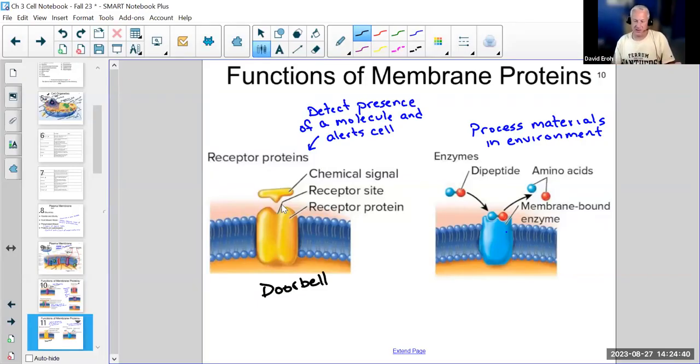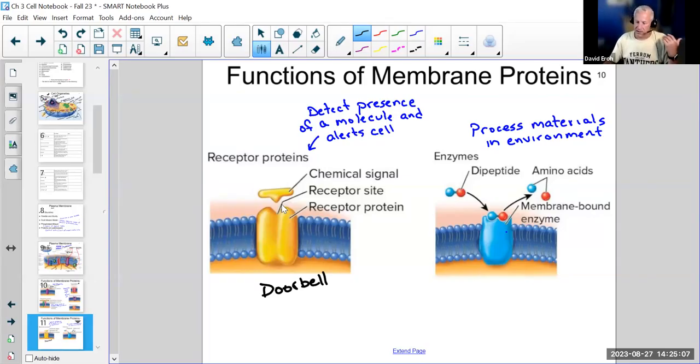A specific molecule binds to one of these receptors and it sends a message through the inside of the cell that, hey, this molecule has just arrived. And then a series of pre-programmed steps happen. But that's what their job is. Their job is to simply alert the rest of the cell that some particular molecule is there or not there.